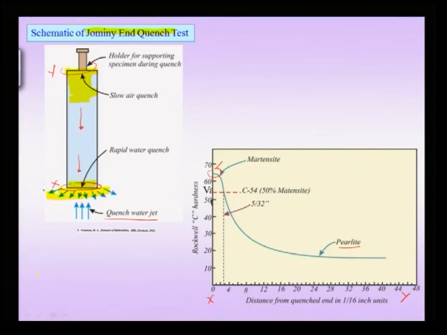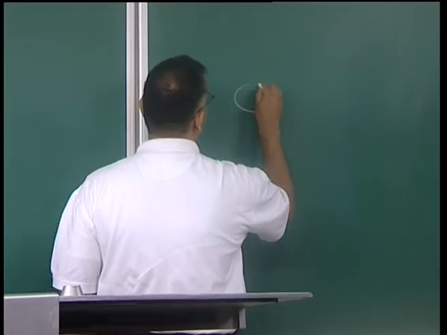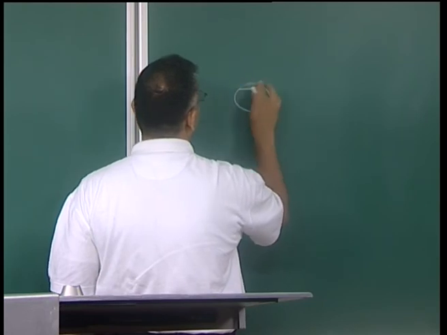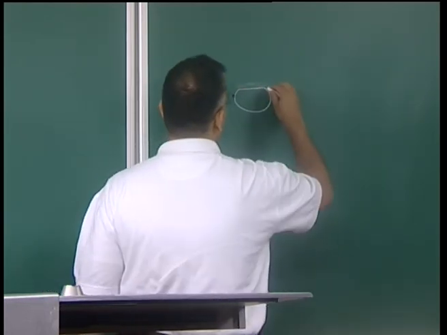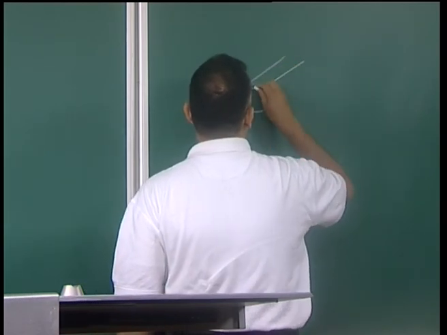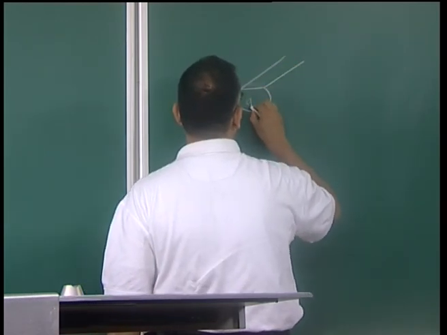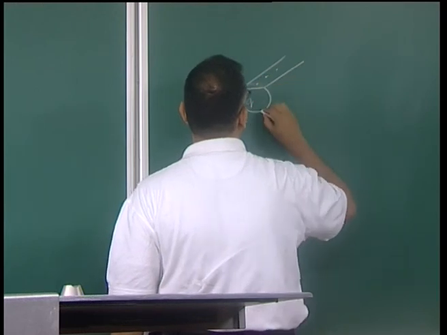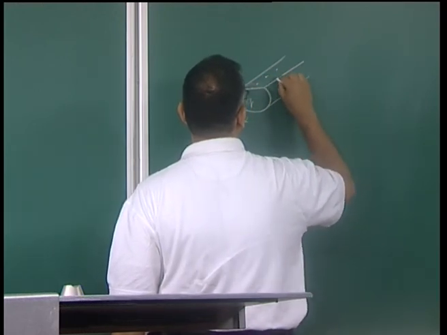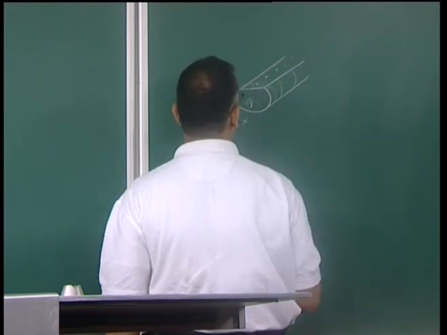So, this is my cylindrical specimen. I remove a certain section from the top, so that I have a flat top, and now I can measure my hardness from, say, this quench end, which I have marked as x, and I can take hardness at various points along the cylinder and plot it.